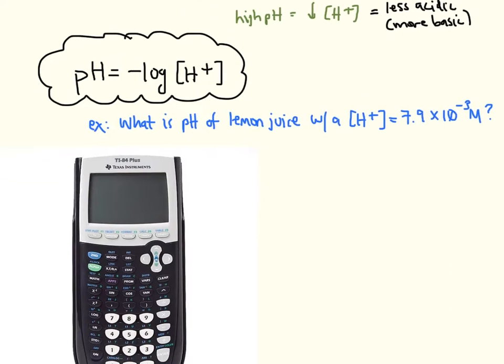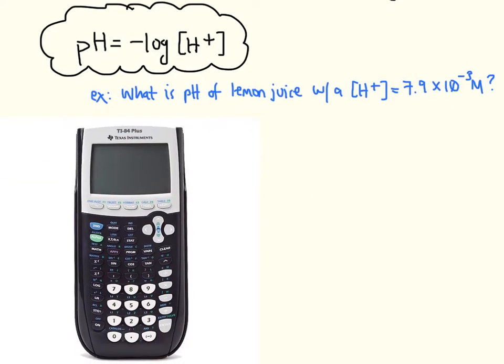So I would go to my handy dandy calculator and locate the logarithm button. I would enter negative, then hit the log button, and then 7.9 times 10 to the negative 3. Then I'd hit equal, and that would tell me that my pH is 2.1.